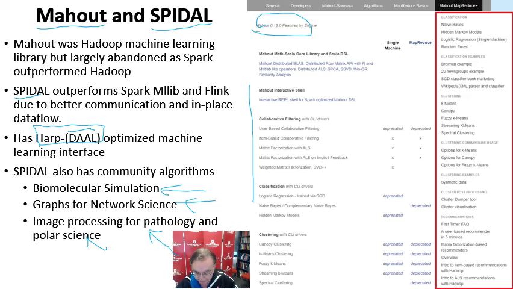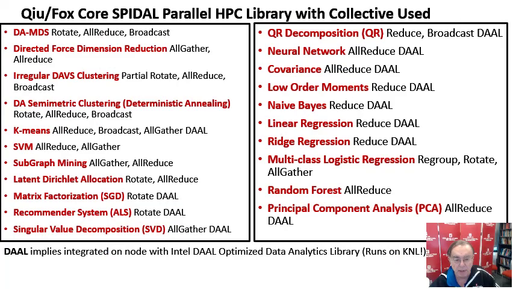Okay, let's get going. Here is the actual list of the SPIDAL library. It's somewhat over 20 members, and it lists the name. Here's multidimensional scaling, which is a dimensional reduction routine with some nifty technology called deterministic annealing (DA). Here's another approach to dimensional reduction, which is quite similar, called directed force. Here we have various clustering algorithms. As we note later on, there are various forms of clustering.